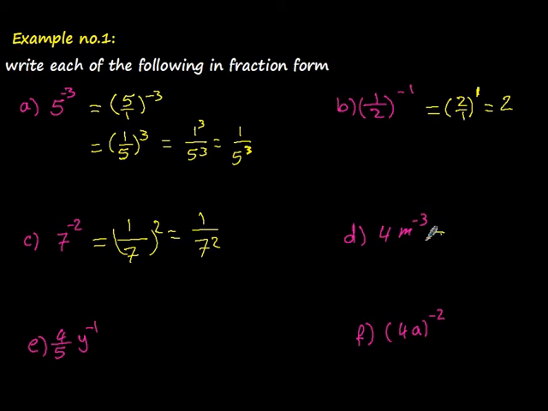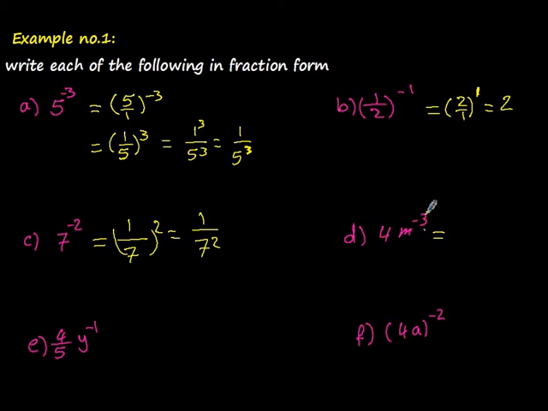Here we are given 4 times m to the power of -3. Here guys, we need to differentiate between two different things. Here -3 actually belongs to m only. So 4 is not raised to any power other than 1.